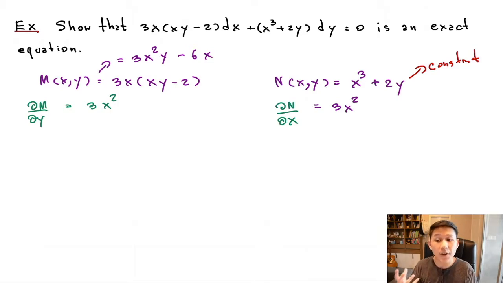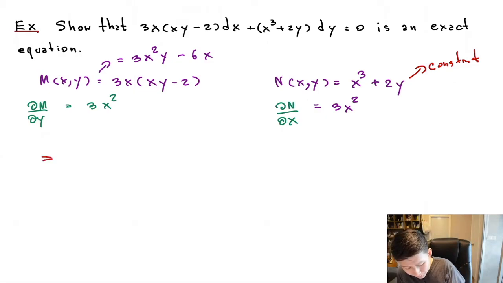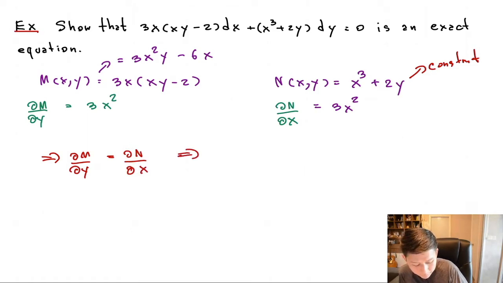We find the derivative of N by x, so it's 3x squared plus 0, because 2y is a constant when we take the derivative by x. So we have that dM by dy equals dN by dx. Then we have that this equation star is an exact equation.